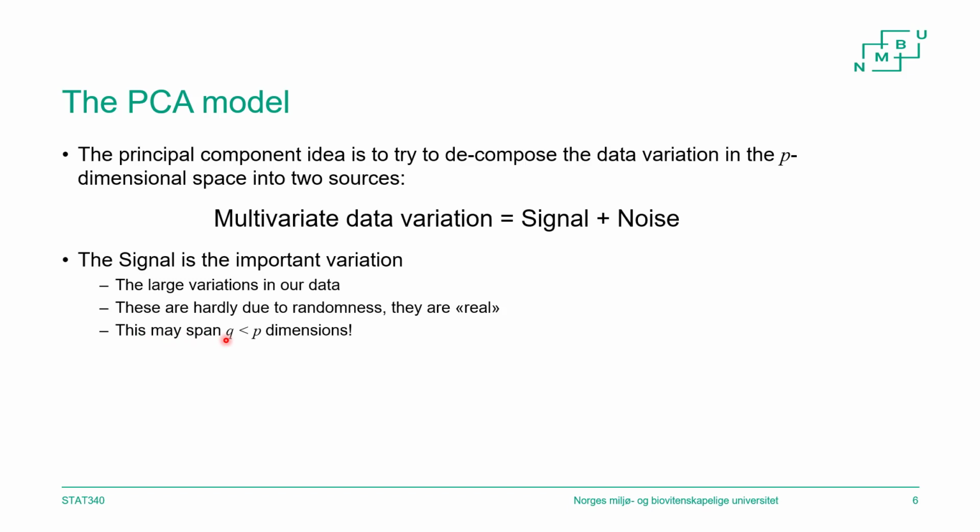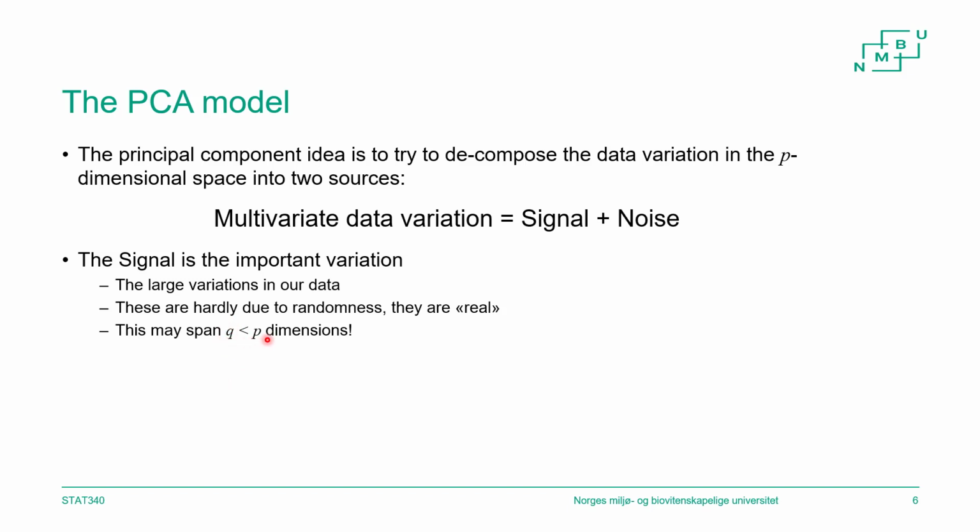So the point is that this signal part is hardly ever filling up all the p dimensions. It's not like all variables are important in a sense, contain signal. So it's a dimension q which is smaller than p.